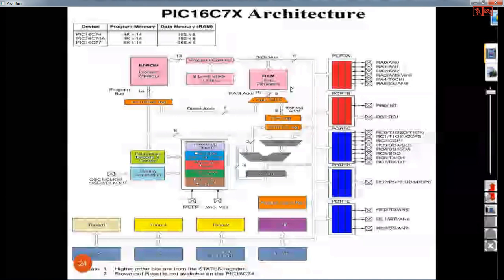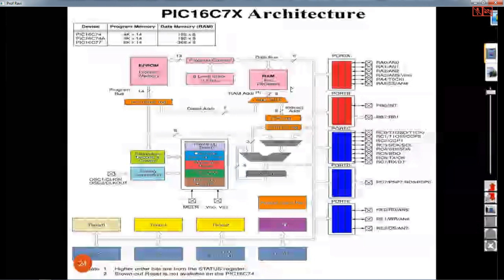So this is your on-chip program memory: page 0, page 1, page 2 and page 3. And here you have 8 levels of stack: stack level 1, stack level 2, and so on up to stack level 8, right? So this is the on-board program memory.